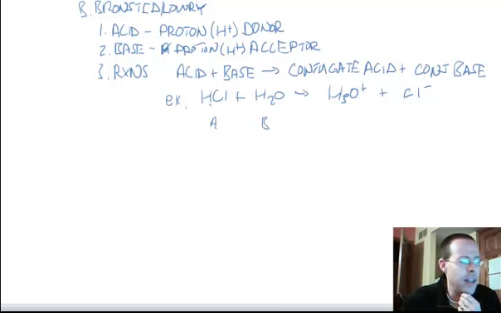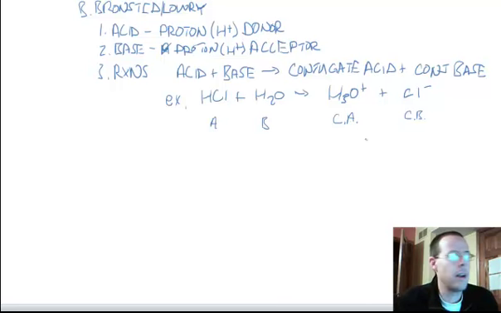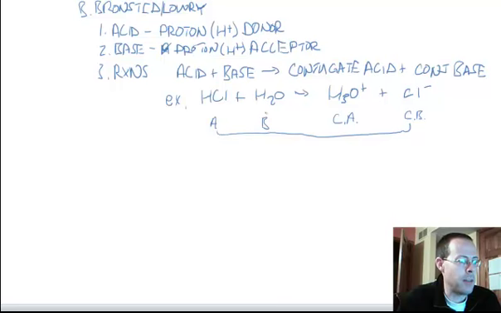It is donating the H. So the chloride ion is the conjugate base, all right? Because it's kind of paired with our hydrogen. It's one hydrogen different than our hydrogen chloride or hydrochloric acid. And then water to hydronium, it is one hydrogen different. So hydronium is our conjugate acid, all right? And conjugate just means pair.